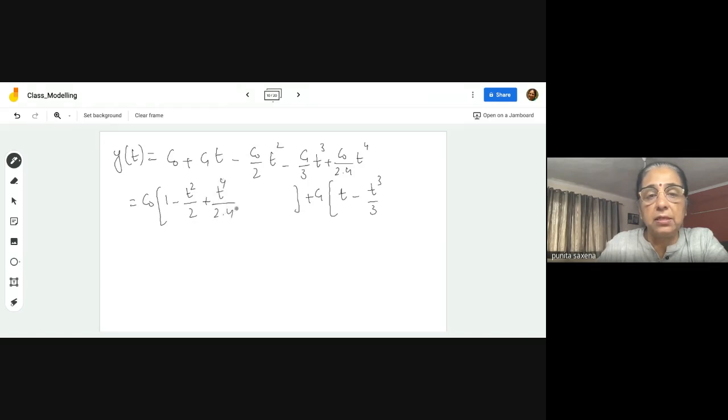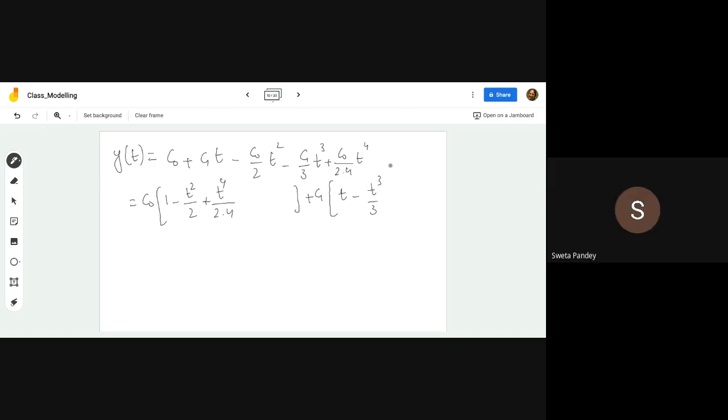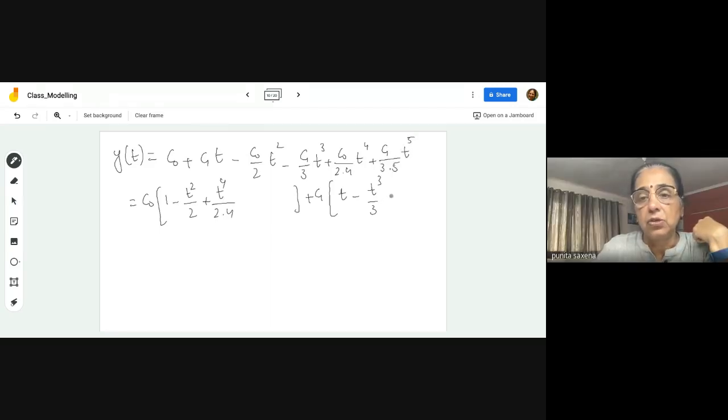And what about the next term? Along with it, at least find till 6, 7 terms minimum if you're not generalizing. Plus c_1 upon 3 into 5, t to the power 5. Right. So this will become plus t to the power 5 upon 3 into 5.